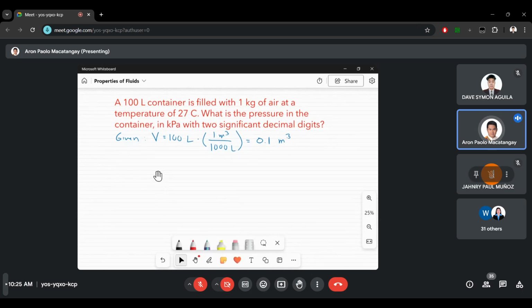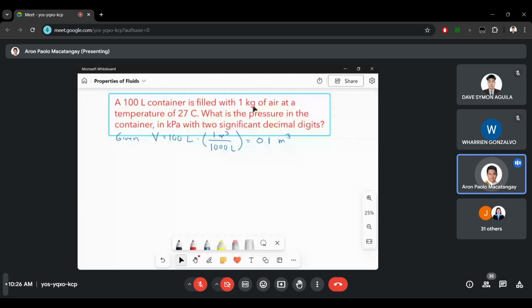Any violent reaction? None po. The container is filled with 1 kilogram of air. So that 1 kilogram is your mass. Again, air, which means ideal gas.